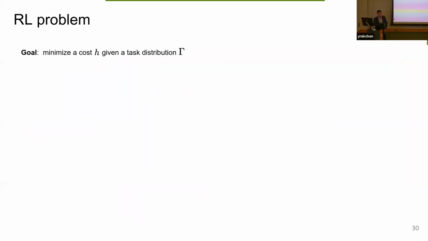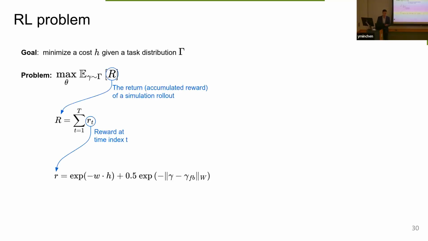Okay. And the goal is to minimize the cost function H given the task distribution. Well, in RL, instead of minimizing the cost, we want to maximize the reward or the return, which is the accumulated reward over time. And the reward function that I use is this.